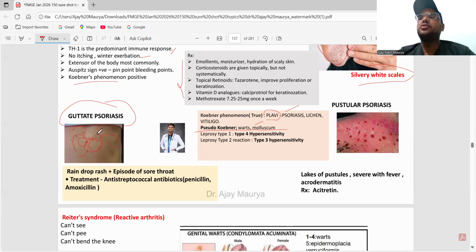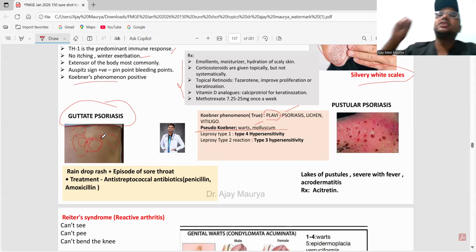If the patient comes and says only, doctor, my child is having these rashes, you have to ask the history: is your child having a sore throat? If yes, then it favors guttate psoriasis. It means guttate psoriasis here is caused by bacteria, so you have to give a streptococcal antibiotic, penicillin or amoxicillin. Next one is the pustular.